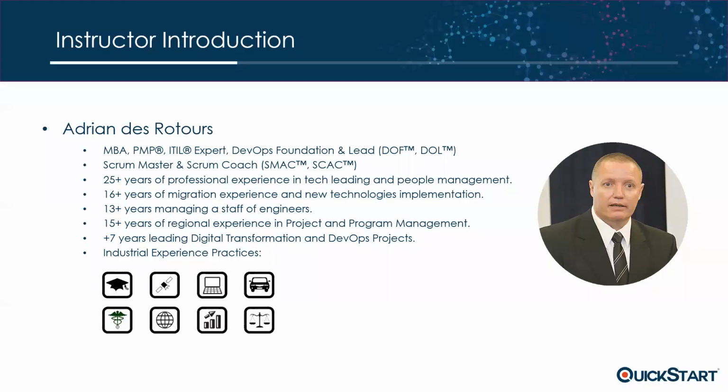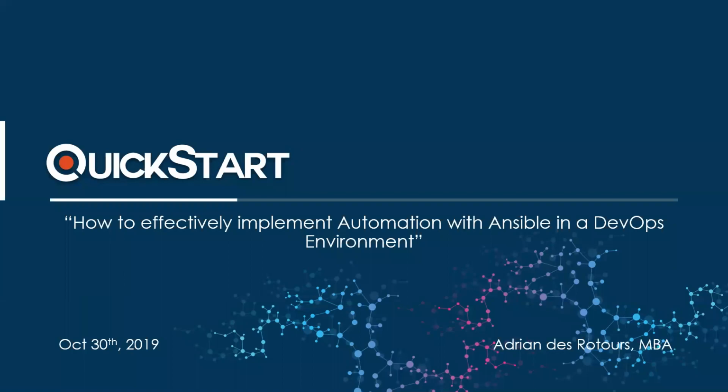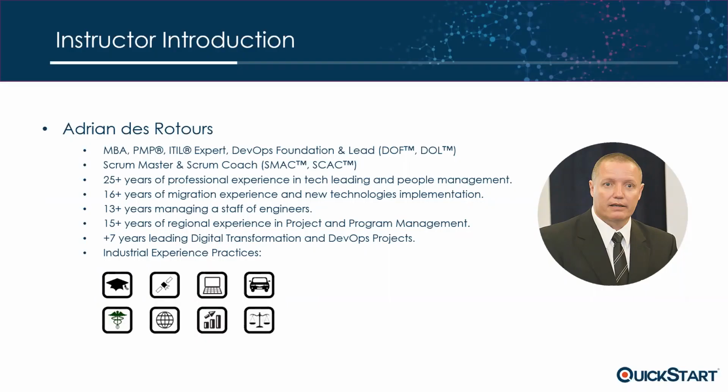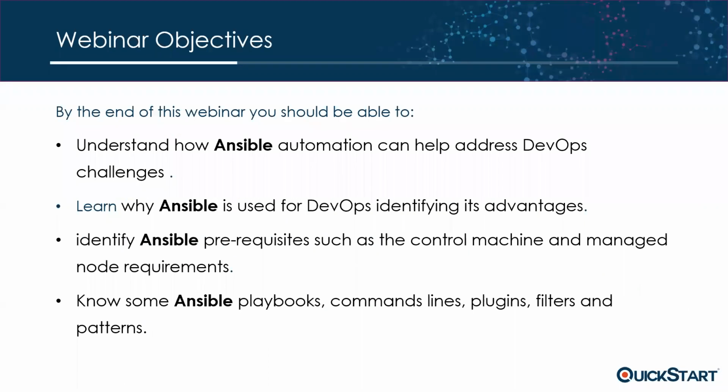This webinar will be focused, as the title of the seminar said, on Ansible as an automation tool, and we'll be reviewing specifically all the benefits and the main features of Ansible. So the expectation is, by the end of this webinar, to understand how Ansible automation can help us to address the DevOps challenges.